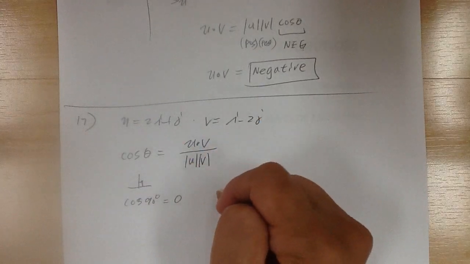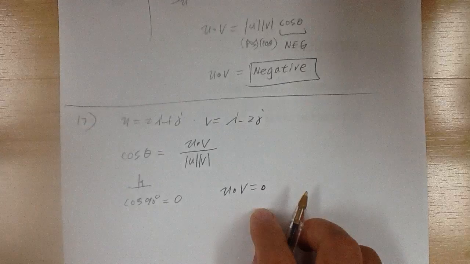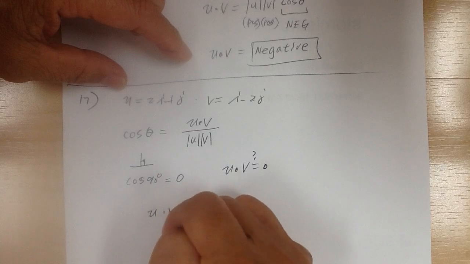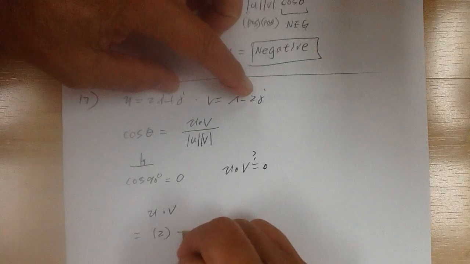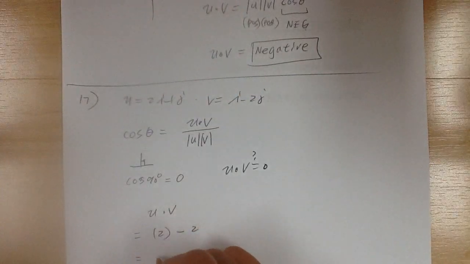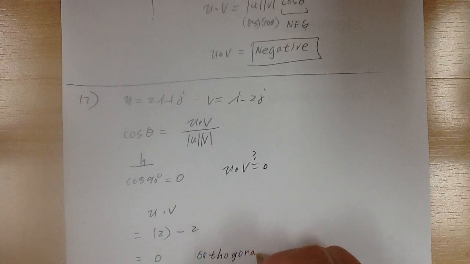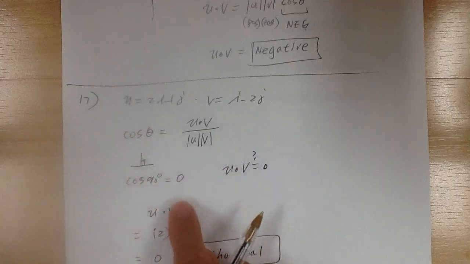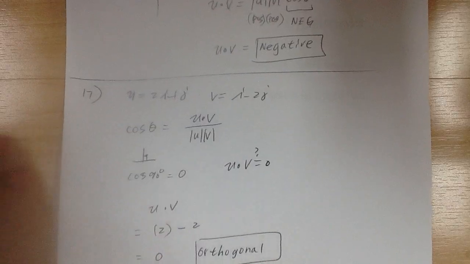So when you substitute, you know that if they are perpendicular, then u dot v equals 0. That's what you want to check. So u dot v equals, you multiply, so it becomes 2 minus 2, and this is equal to 0. So this is orthogonal, because when the dot product equals 0, cosine theta equals 0, and therefore it gives you 90 degrees. So again, all you want to do is check the u dot v, to see if it's equal to 0.